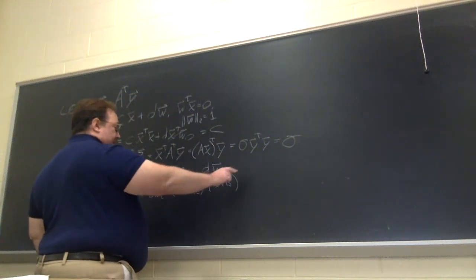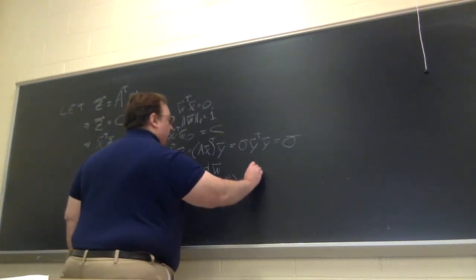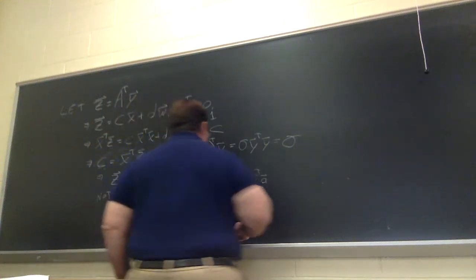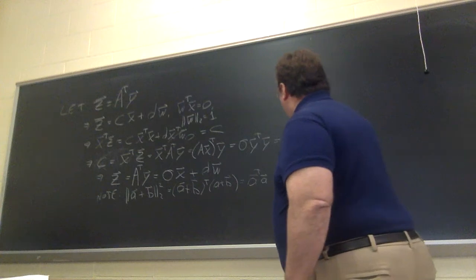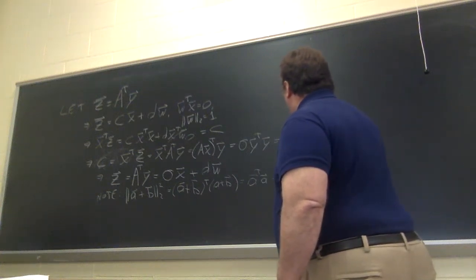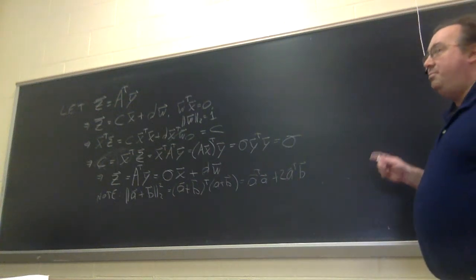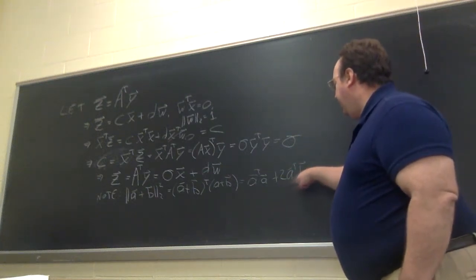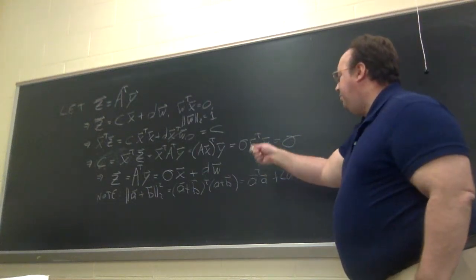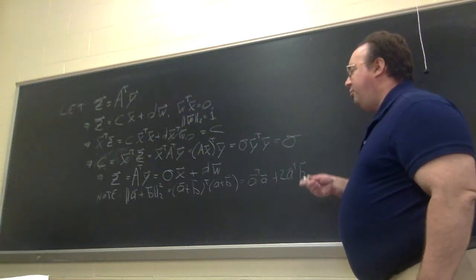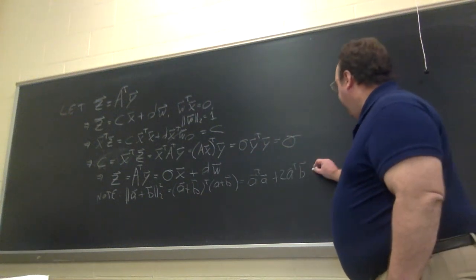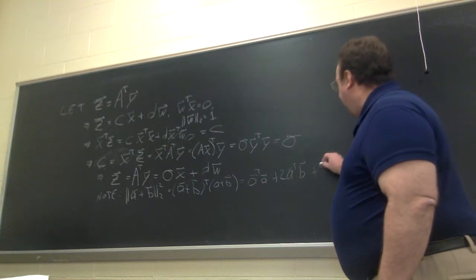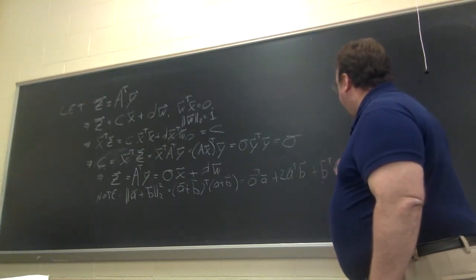So if I FOIL this, I get A transpose A plus cross terms. Since the dot product is commutative for real vectors, I can combine the cross terms: B transpose A and A transpose B are equal if they're real, otherwise they're complex conjugates of each other. Then I get B transpose B.